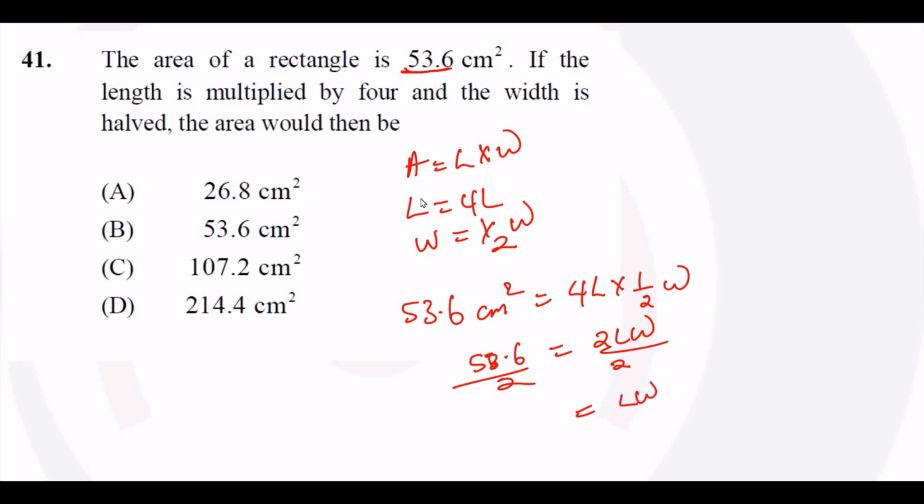So that LW is still the area. So then 53.6, this looks like 50, but it's actually 53 if you're following. 53.6 divided by 2 gives us 26.8. So therefore, the area would now be 26.8 centimeters square.